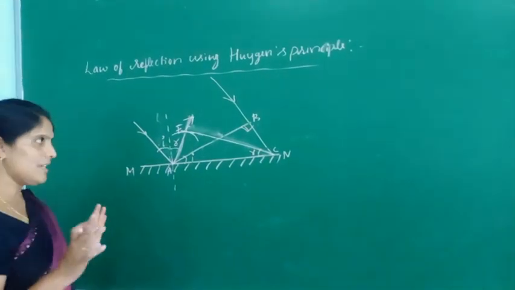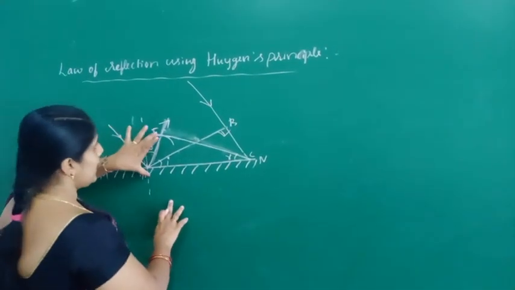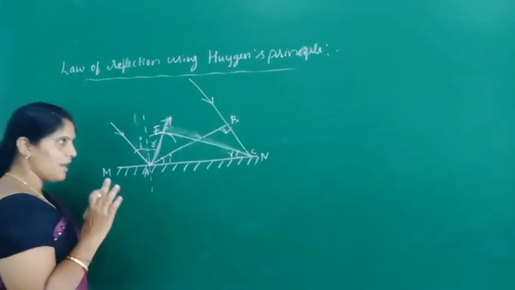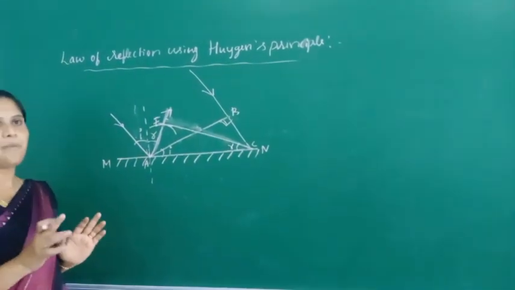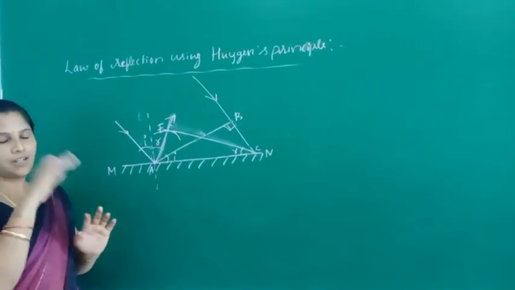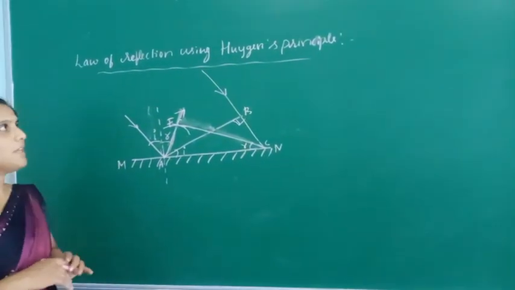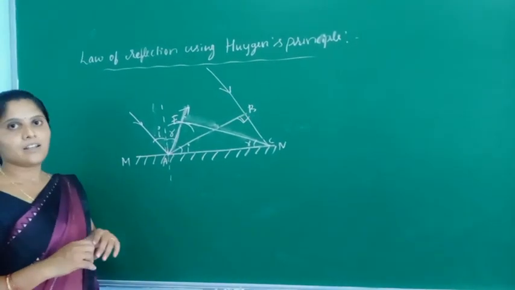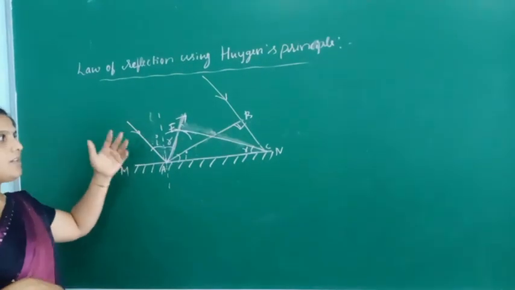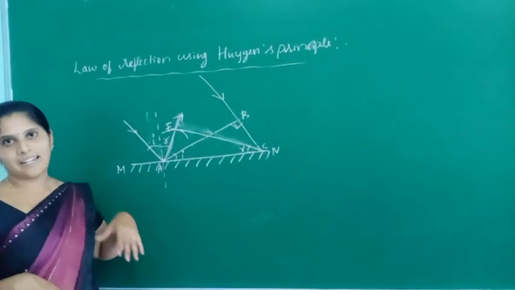Students, please note this. Here the distances AE and BC are the same. They travel the same distance in the same interval of time because here the medium does not change. But in the previous case we discussed the refraction of light. In refraction, light travels from one medium to another medium, so its velocity increases or decreases.